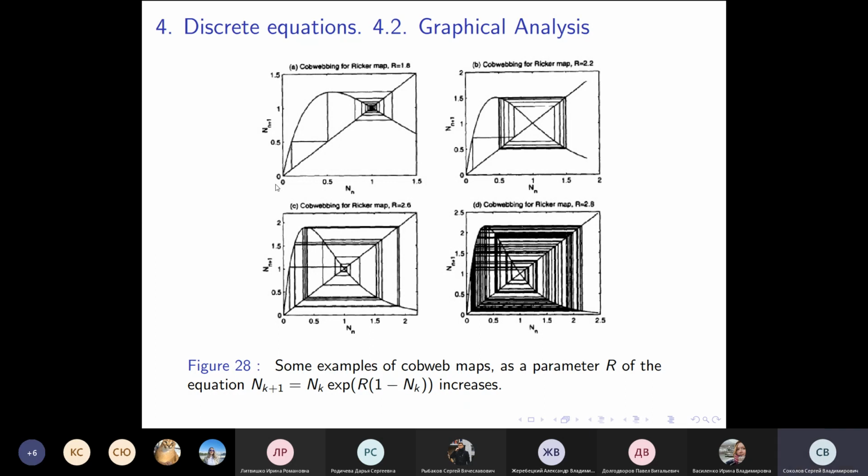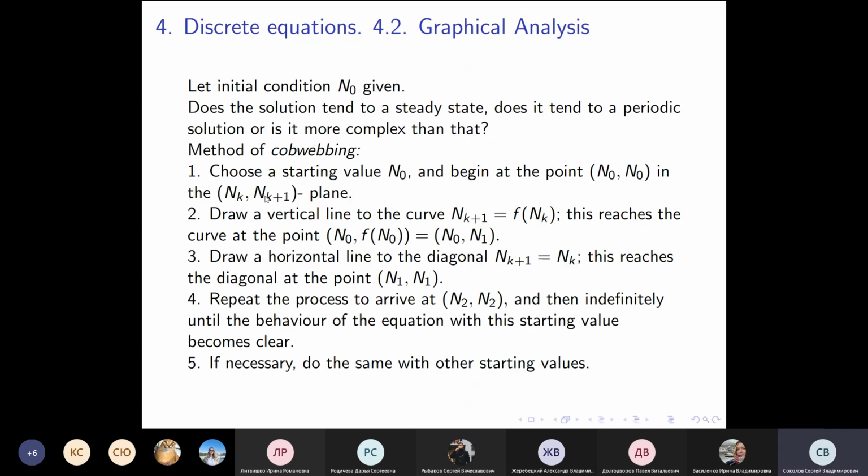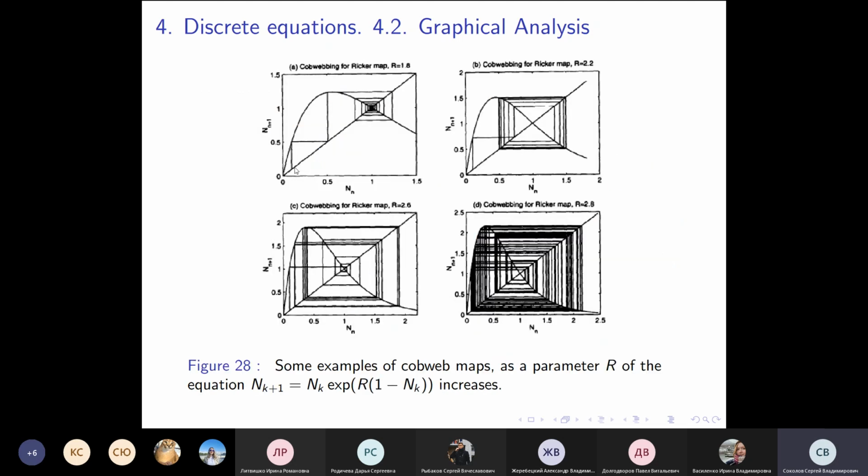So let us start. First of all, we choose the starting value n0. We begin at the point n0, n0. Where is this point? It is here.